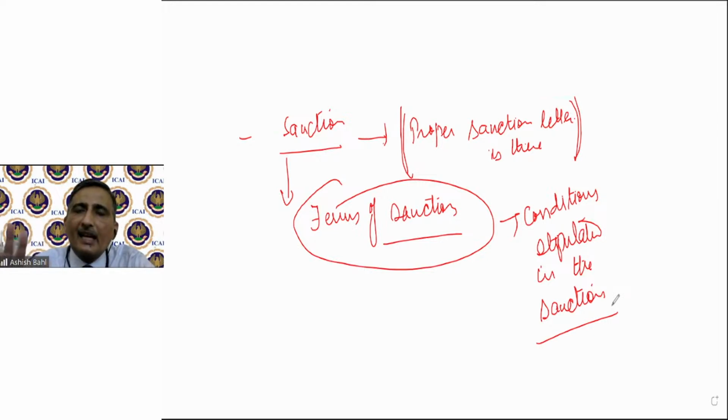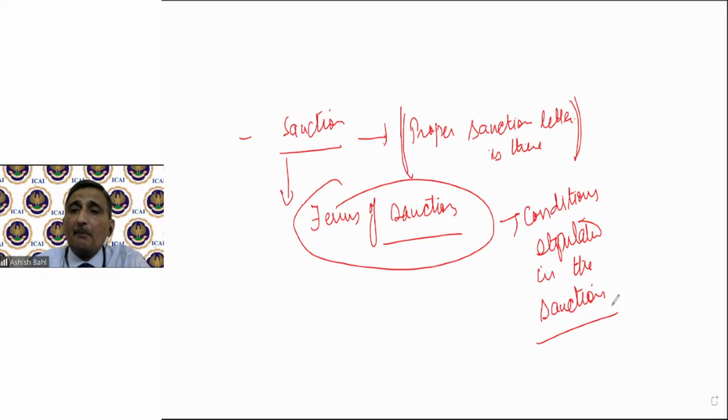It becomes a sacred text for them. They release the credit facilities on the basis of the terms and conditions contained in the sanction letter, and the borrower has to comply with the terms and conditions of those sanction letters. Okay.